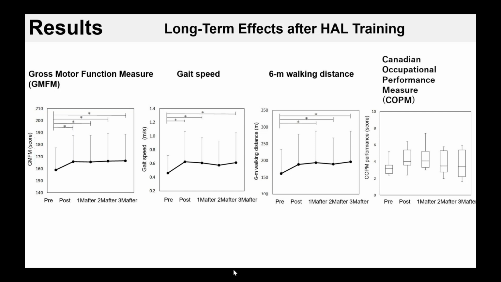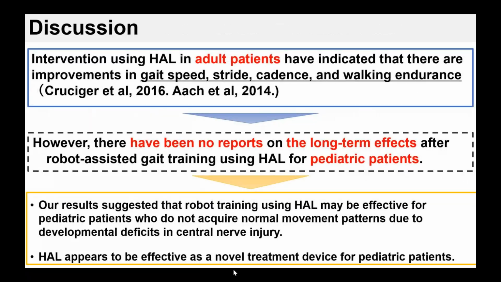The present study indicated that wearable cyborg HAL treatment may be safe and feasible in patients with childhood-onset motor disabilities. Interventions using HAL in adult patients have indicated improvements in gait speed, stride, cadence, and walking endurance.